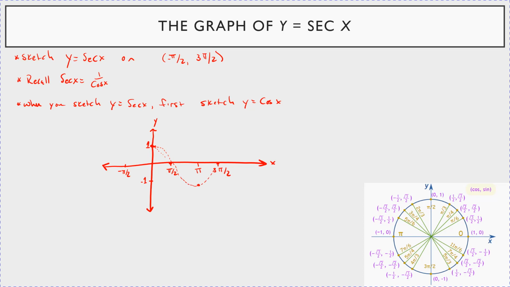Not doing a great job, but you get it. And then cosine's an even function, so down here it looks like this. So look, same exact deal. Where cosine touches the x-axis, where it has its x-intercepts, you have the vertical asymptotes of secant.